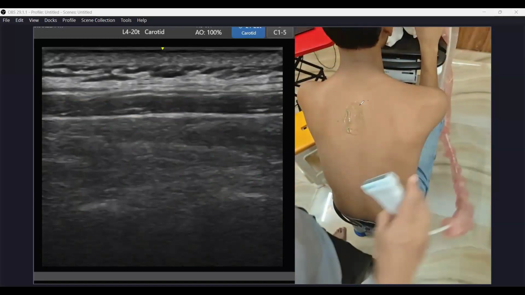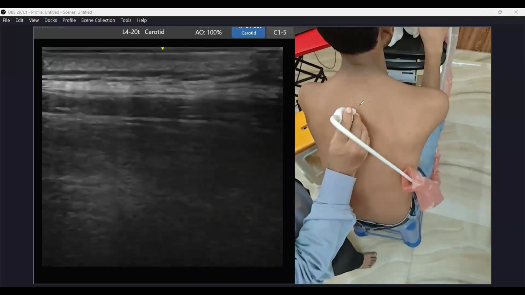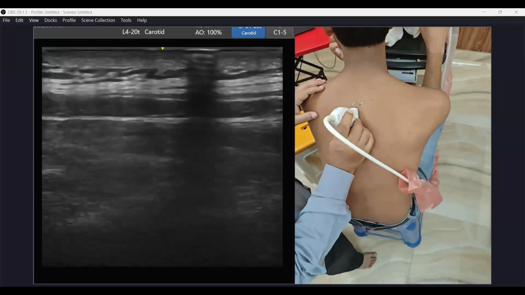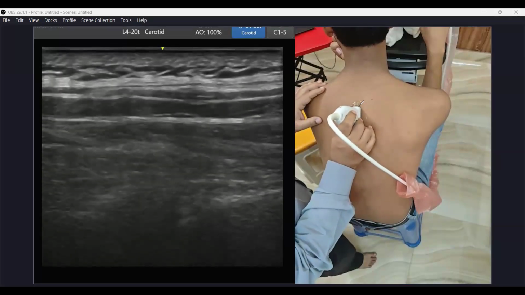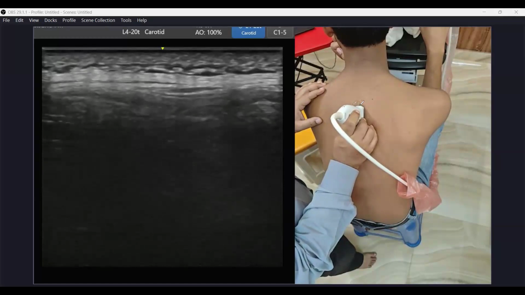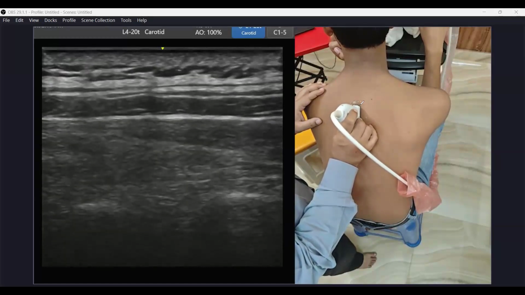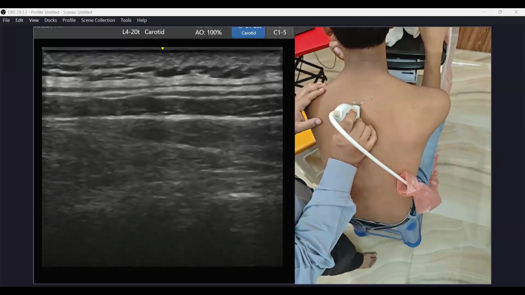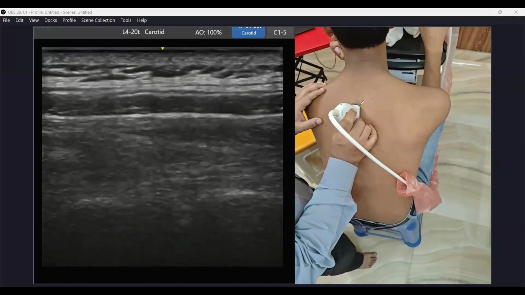So after that, midline, spinous process, lamina. So this is lamina, quite deep. Now I am going a bit lateral.